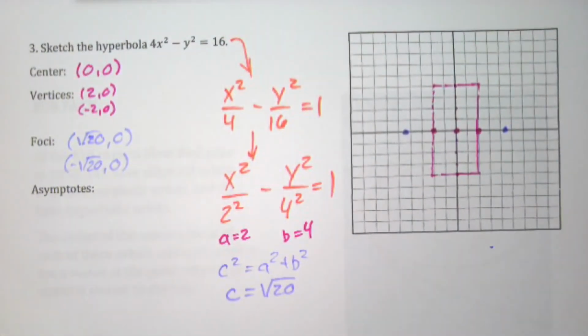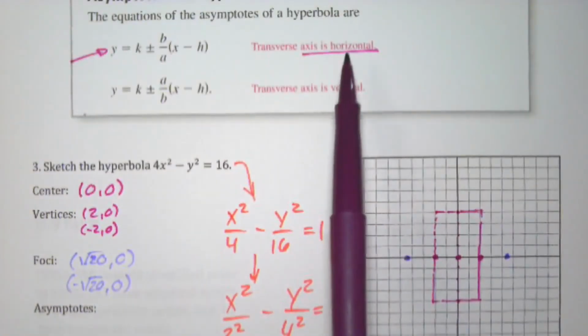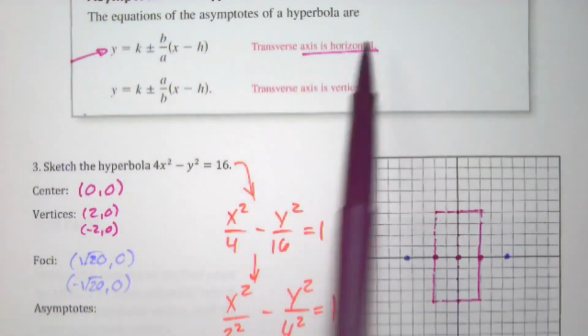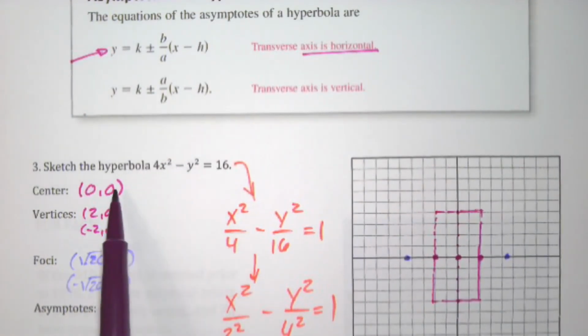And now we want to get the equations for our asymptotes first. And then I'll kind of verify that's looking right as we graph it. So for our asymptotes, we have our formula from up above. Kind of bring this down. If a transverse axis is horizontal, we get to use this formula. Now, for us, our center is 0, 0.